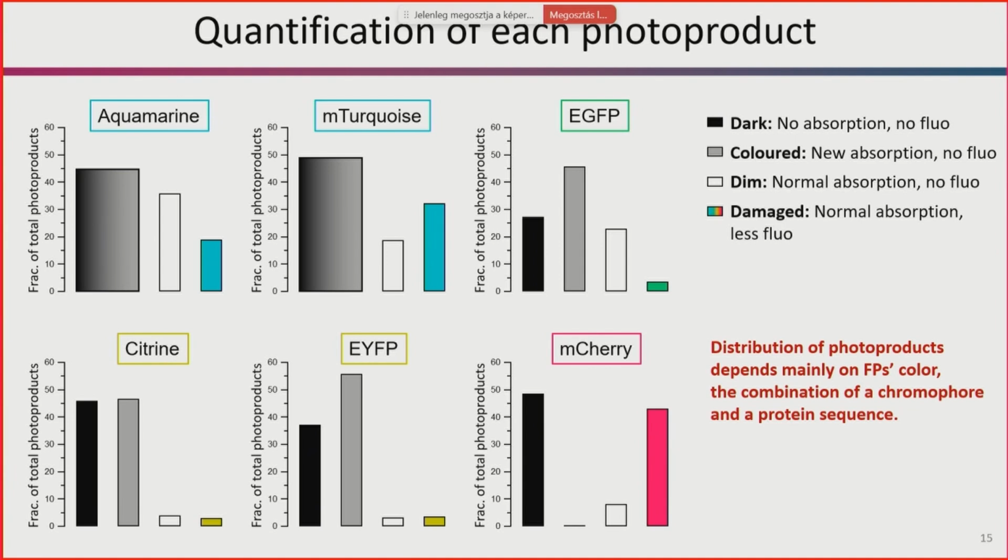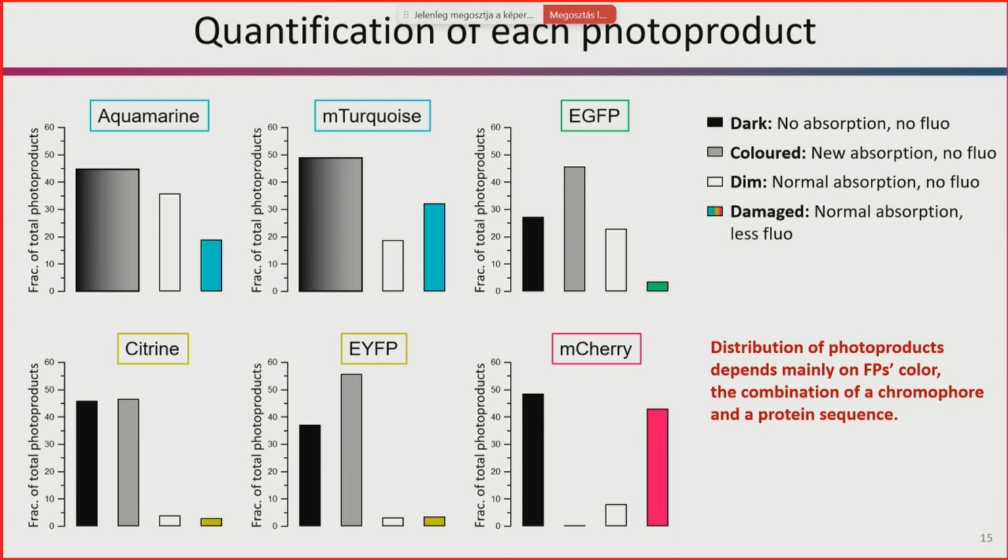And what we see is very interesting because the pattern can be really different from one protein to another. If I begin with the easiest to describe, I have the YFPs that are really honest, I could say, because they are not bleached, or rarely bleached, in the sense that they lose absorption, or they are gray.